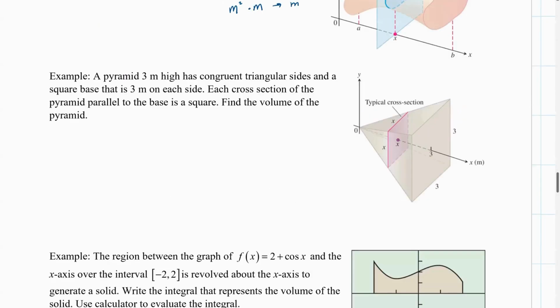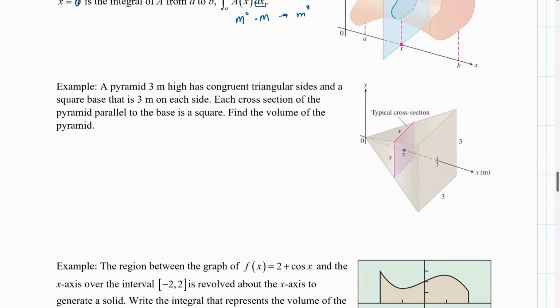Our first example: we have this pyramid, and the pyramid could be thought of as a bunch of cross sections perpendicular to the x-axis. Each of these cross sections is dx thick. For some arbitrary value down the x-axis, the cross sections end up being squares, with each side being x long.